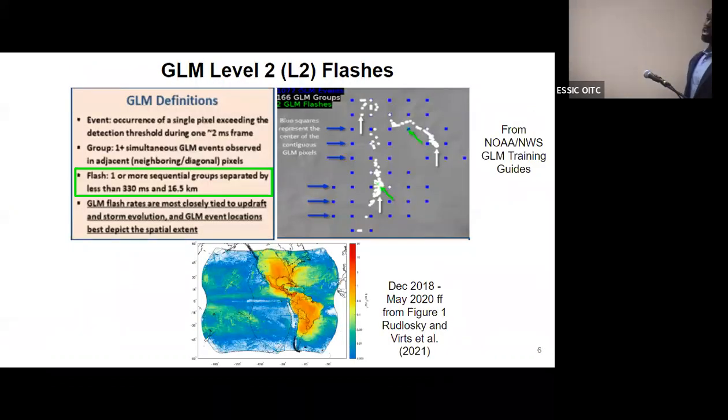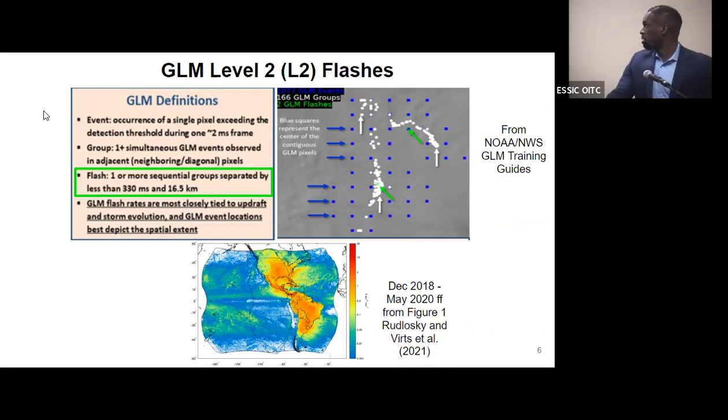So for the GLM data, we use the level 2 data. The GLM data is subdivided into events, groups, and flashes. So we use the flashes. The flashes are one or more sequential groups separated by 330 milliseconds and 16.5 kilometers.